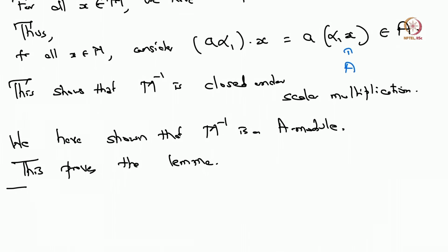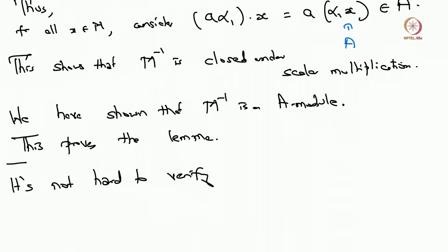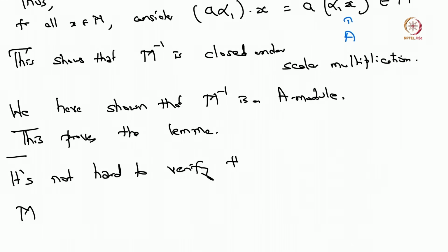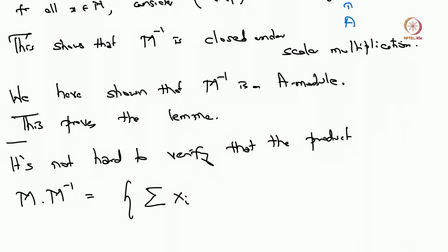Okay, and just following similar arguments, it's not hard to show, if you take the product M times M inverse, so again by definition it's all finite sums of the form x i y i, where x i belongs to M and y i belongs to M inverse.